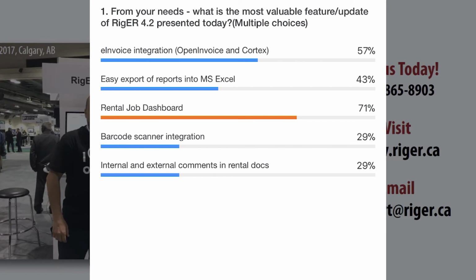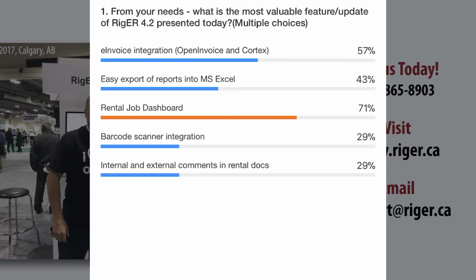I would say the results are expected. The rental job dashboard was the most valuable feature for most of our clients. We received a lot of questions about that kind of view, and thanks to that we finally found out how it should look, and I hope we will have great feedback on its usage.